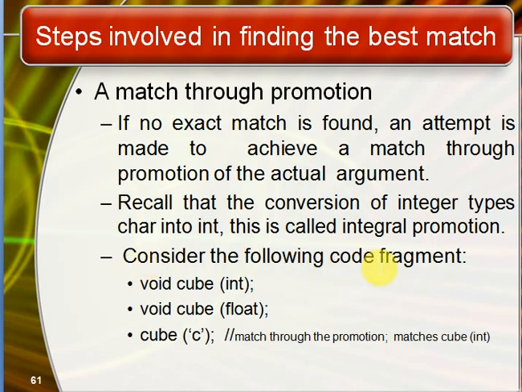Consider the following code fragment: void cube int, a function declaration, and void cube float, another function declaration. Its function call is cube c. So it will match through promotion, and it will match with cube int, the first one, because of character to integer conversion.